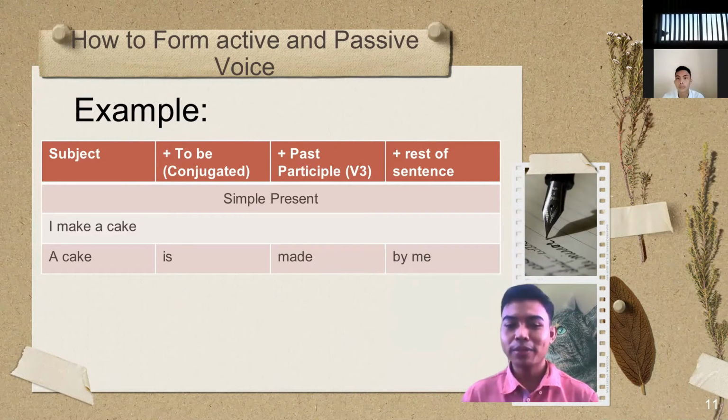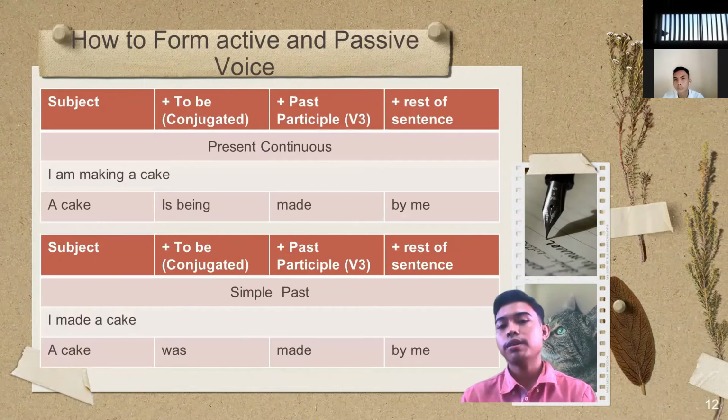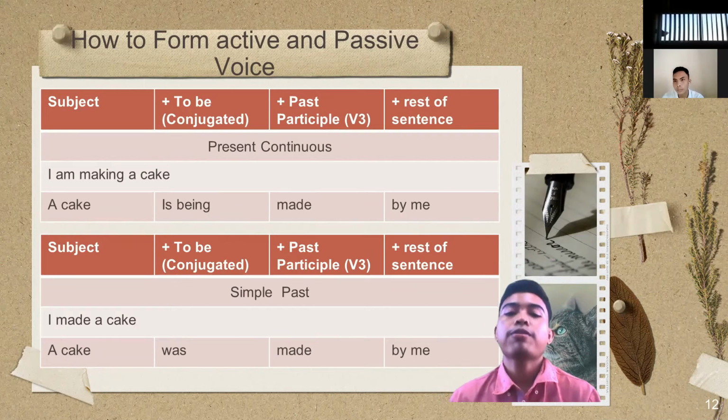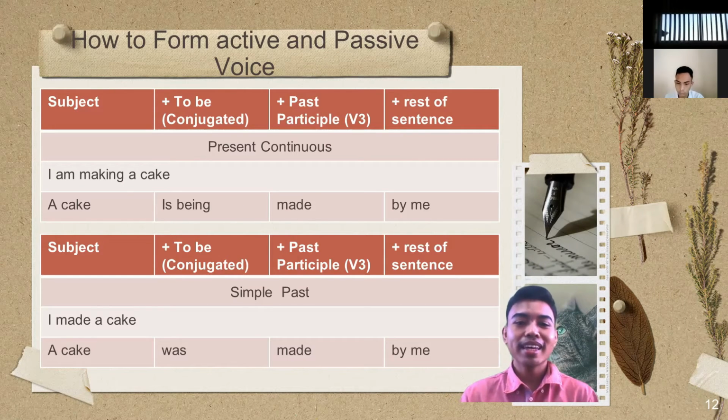Okay, welcome back again with me, Wijaya. On this occasion, I'll explain how to form active and passive voice, and then the present perfect continuous tense. For the present continuous tense, the example sentence is I'm making a cake.